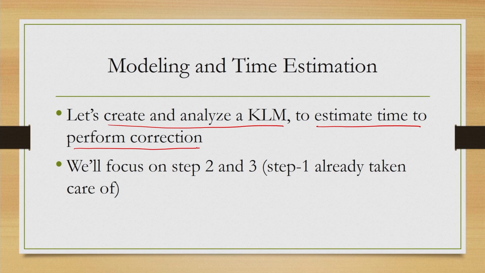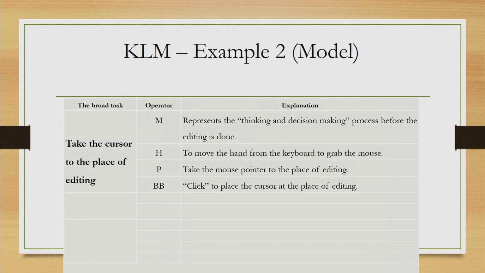And again, already at step 1, that is choosing a representative task, that is already taken care of. Our task is to correct an error. So, we will focus on step 2 and 3. So, let us see the first task, that is take the cursor to the place of editing. Here we will assume that we are using a mouse pointer to take the cursor rather than arrow keys.